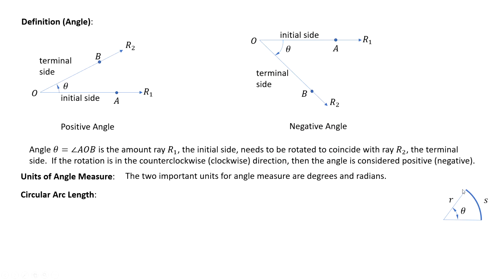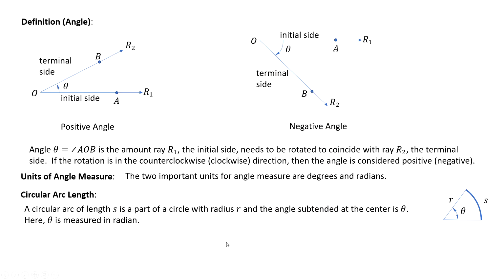That's a new word, subtended, meaning the angle that the arc makes. Subtended is sort of synonymous with makes. The angle subtended by the arc, or angle that the arc makes at the center. Let's say that is theta.